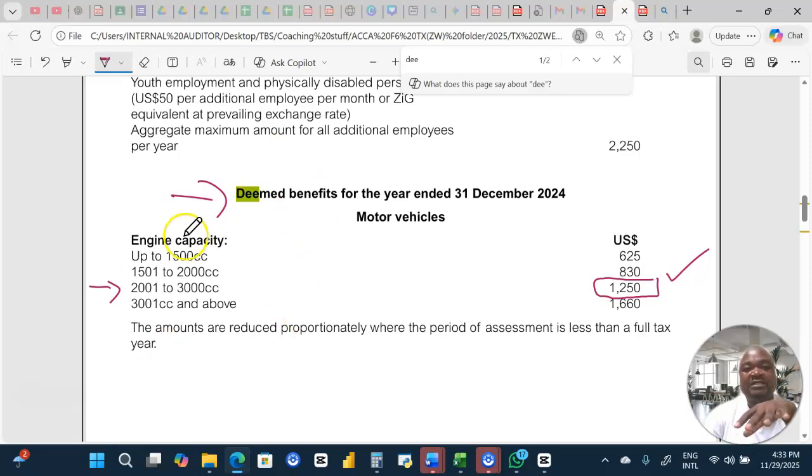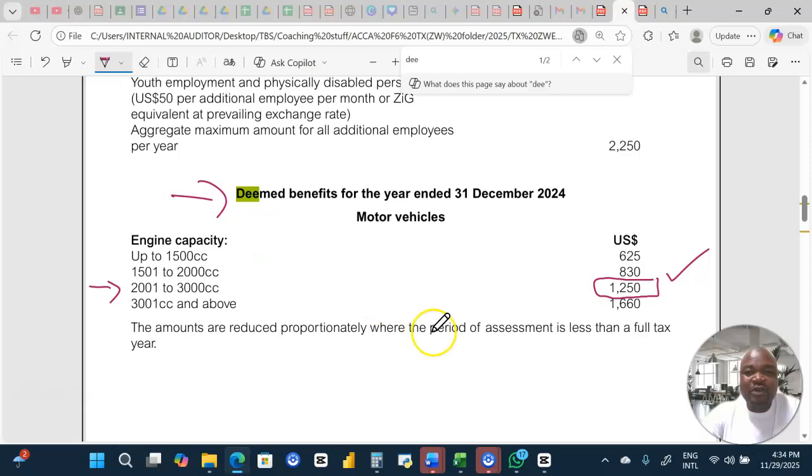If the motor vehicle was given to employees, then when we compute the taxable income, or when we compute the VAT output, we'll have to use this particular table, but not for the purposes of capital allowances. For capital allowances, we don't use this part.